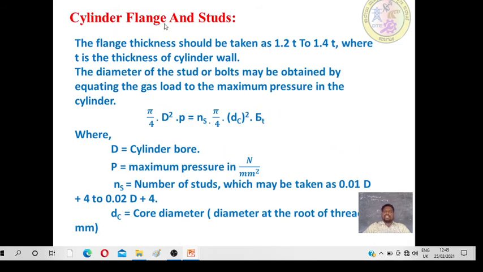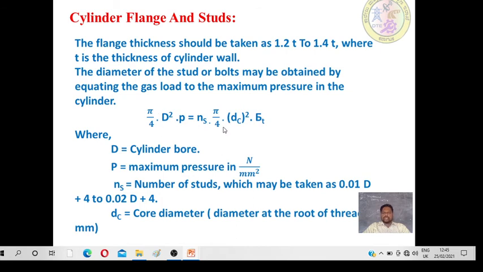Now let us see about cylinder flange and studs. The flange thickness should be taken as 1.2 T to 1.4 T, where T is the thickness of the cylinder wall. The diameter of the stud or bolt may also be obtained by equating the gas load to the load due to the maximum pressure in the cylinder. So this is two equations, equating gas load and the maximum pressure inside the engine cylinder. One gives the maximum gas pressure inside the cylinder, and the other gives the gas load.